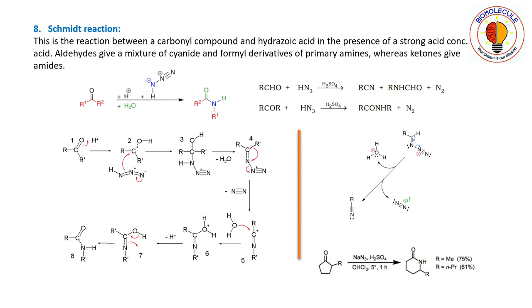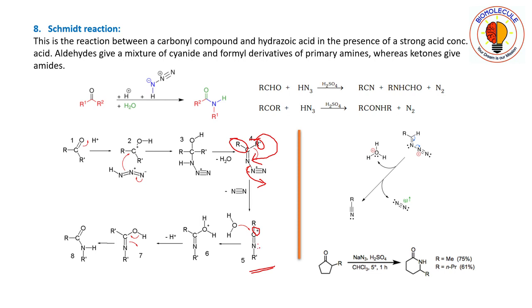This carbon has two alkyl groups. Now one of the alkyl groups migrates over this nitrogen and this N2 molecule eliminates out. So you are getting R-C double bond N-R, and here this carbon atom bears a positive charge.